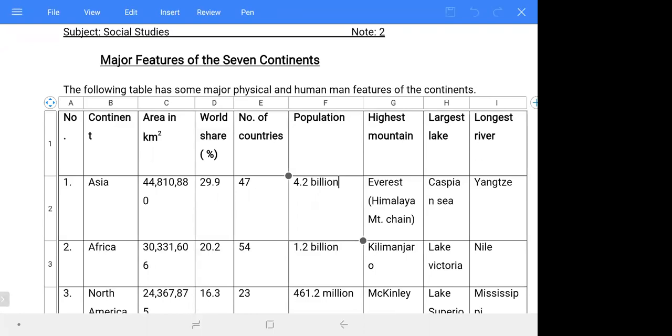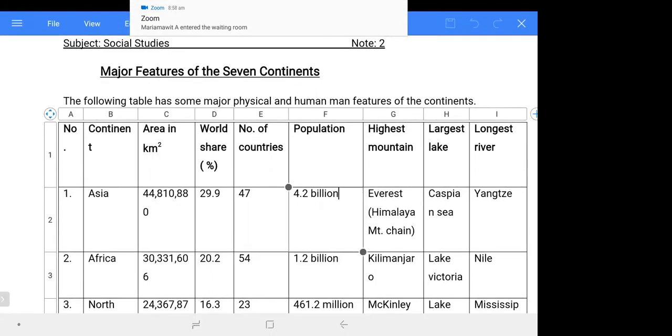Unless countries get recognition by the UN, they are not considered to be a country. Therefore, here I listed only the countries which have recognition by the UN. So that's why I said Asia has 47, excluding the islands which are under independent countries.